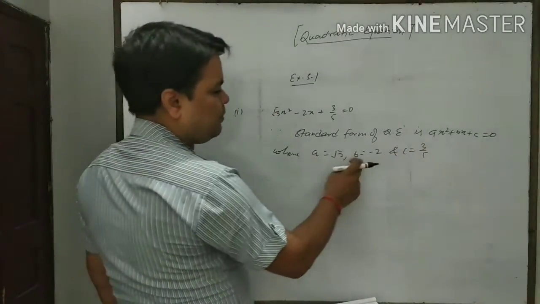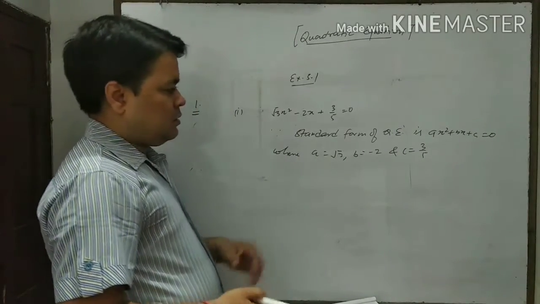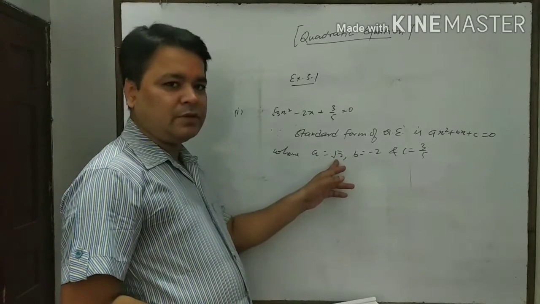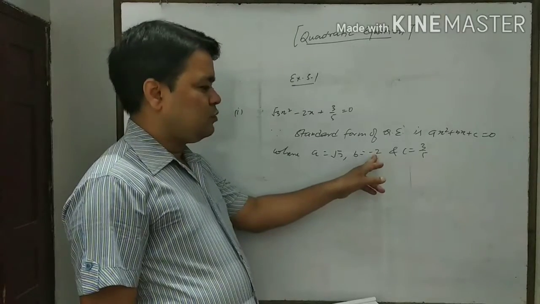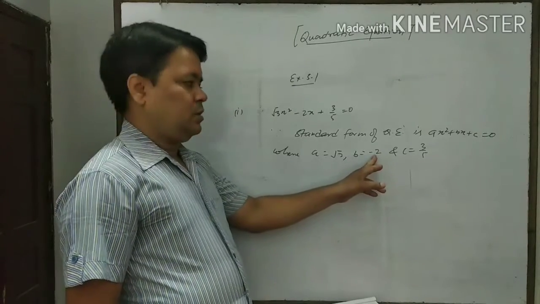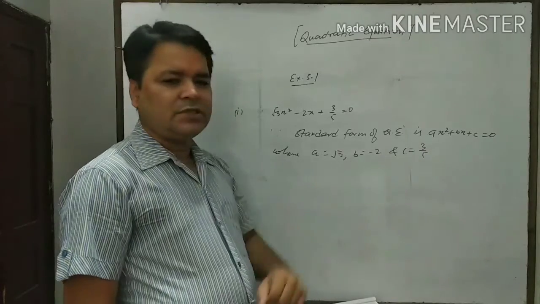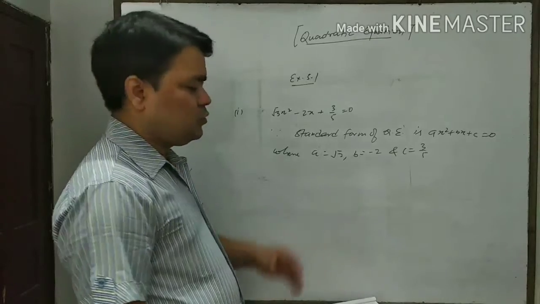It means a, b and c are real numbers, because root 3 is an irrational number, and an irrational number is also a real number. Minus 2 is a negative integer, and a negative integer is also a real number. Here 3 by 5 is a fraction, or you can say a rational number, which is also a real number.